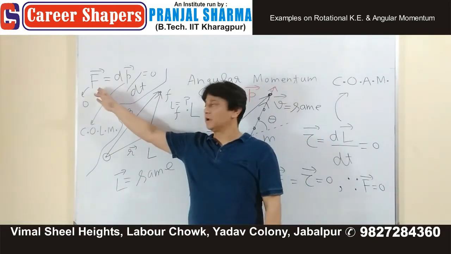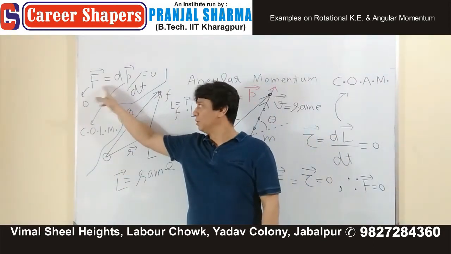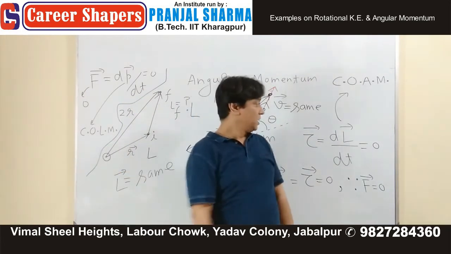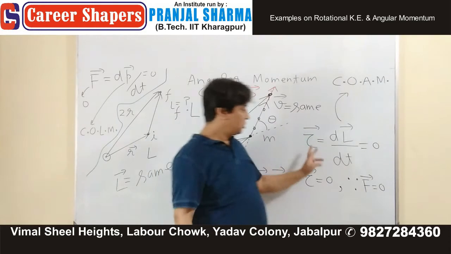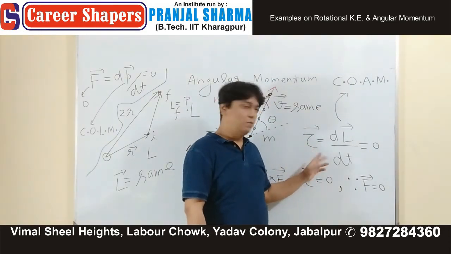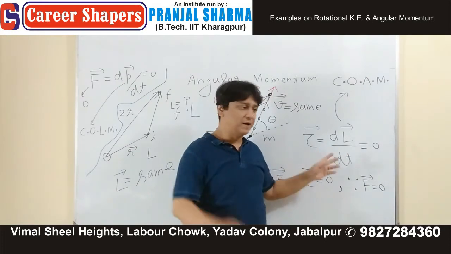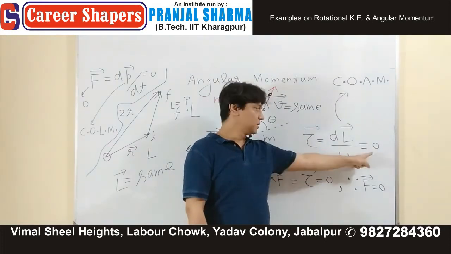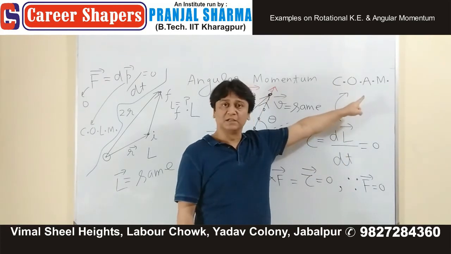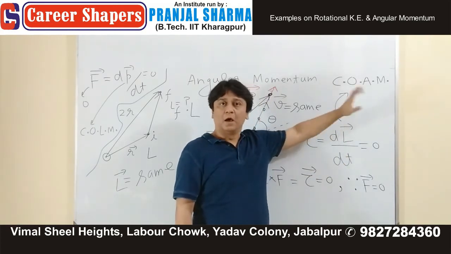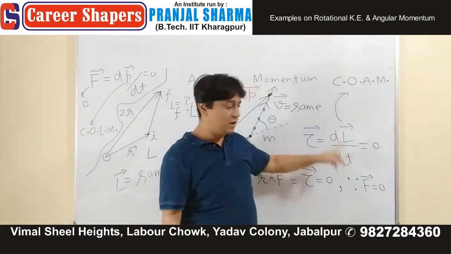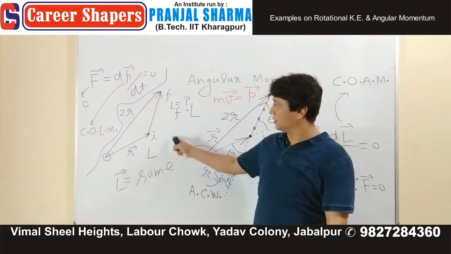If external force on a system is 0, its linear momentum remains conserved. If external torque is 0, what do you mean by external? I'll explain that. If external torque is 0, your angular momentum remains what? Conserved. I'll explain everything in detail, but let's connect the whole part with this previous article.